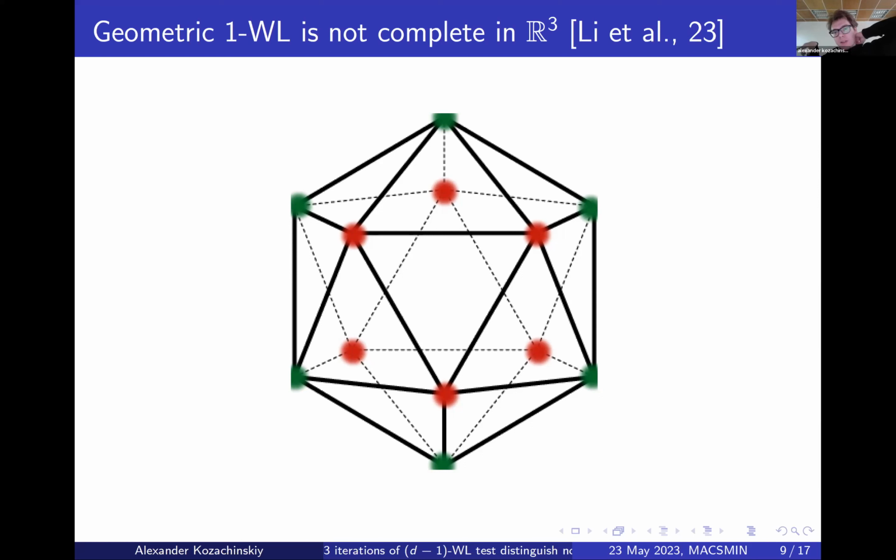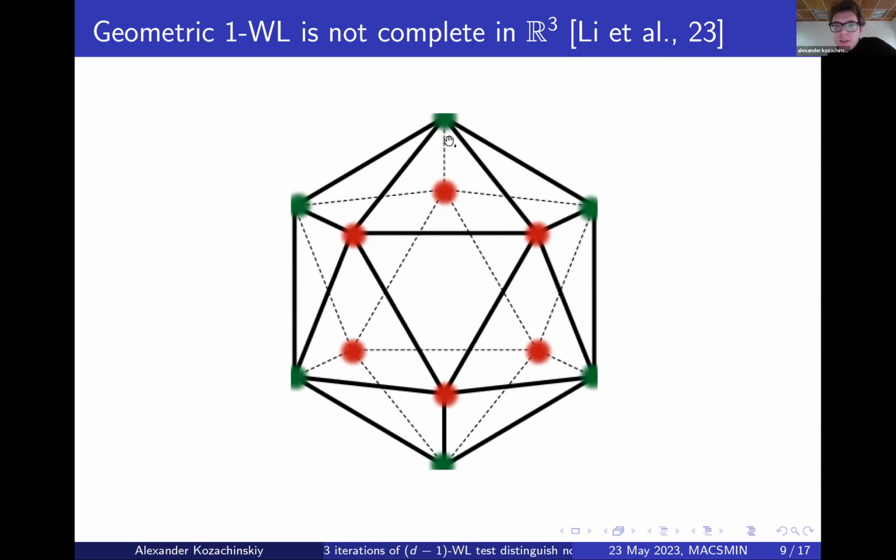But it doesn't mean that there will be an isomorphism of the distance graphs, because in one there will be a triangle consisting of the side of the icosahedron, and in the other point cloud there will be no such triangle, but the distances are the same.